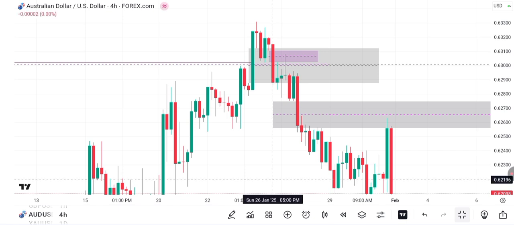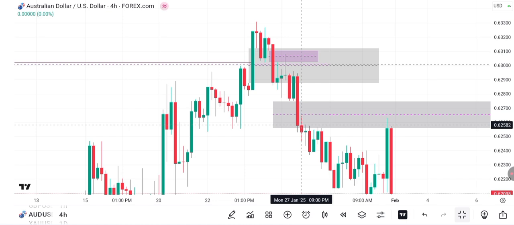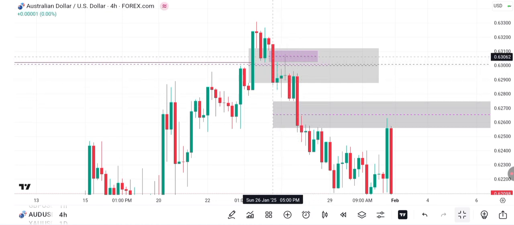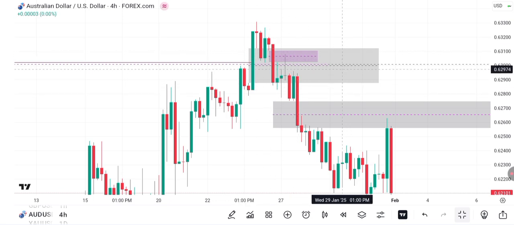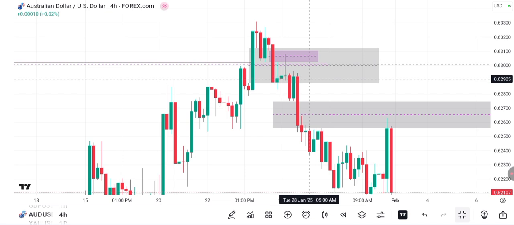So we can see that price invalidated this fair value gap and then retraced into it again, into this little fair value gap. So most of the time I want to see two things: an invalidation of a larger fair value gap and the creation of a little fair value gap such that they are overlapping.